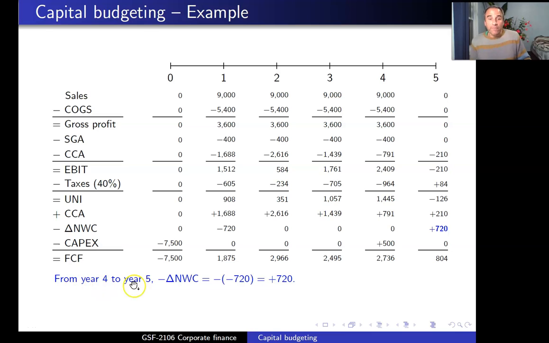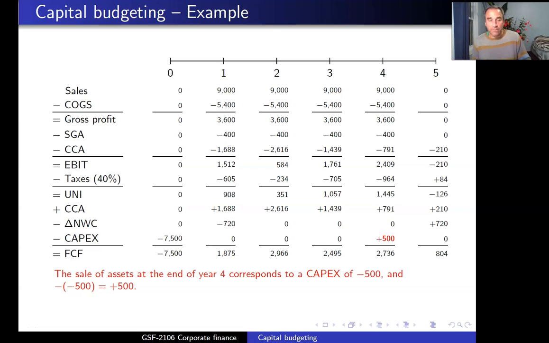So from year 4 to 5, the cash flow consequence of the additions to net working capital is positive. And in year 4, we also collect $500 by selling the assets purchased at time 0.